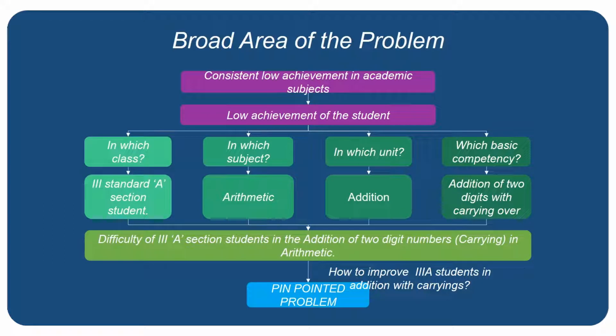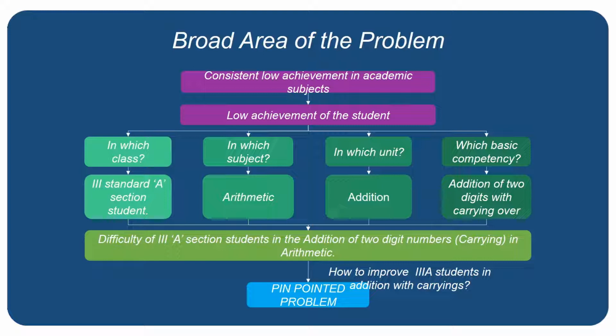Now when we say consistent low achievement in academic subjects, it can be low achievement of students we are talking about. Then when we are saying low achievement of the students, in which class we are talking about, or in which subject we are talking about, in which unit we are talking about, or which basic competency we are talking about. When we are clear with these basic things, then again few questions come to our mind.